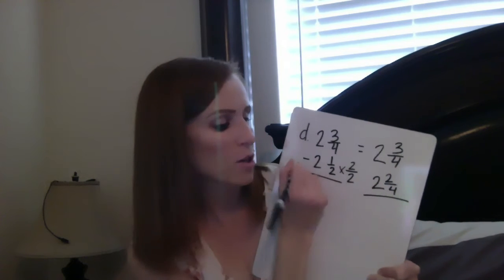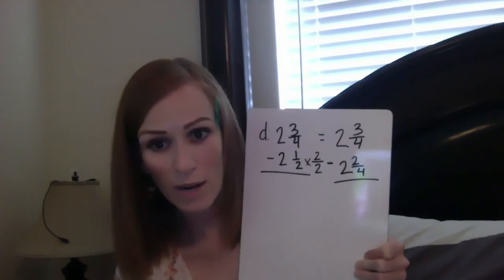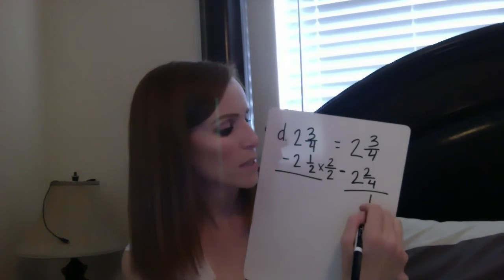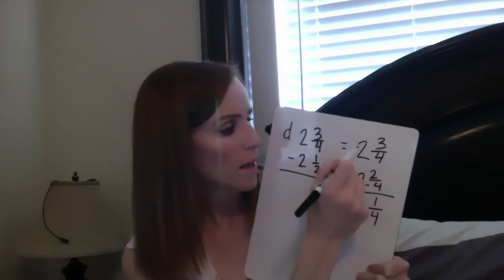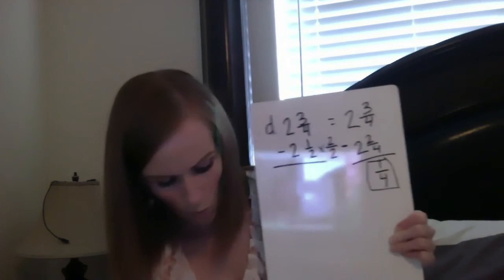Now I have to make sure I carry over the correct sign. This is subtraction, so make sure you're subtracting these problems. 3 minus 2 is 1. We know the 4 stays the same in addition and subtraction for fractions. And 2 minus 2 is 0, so I am actually left with 1/4.